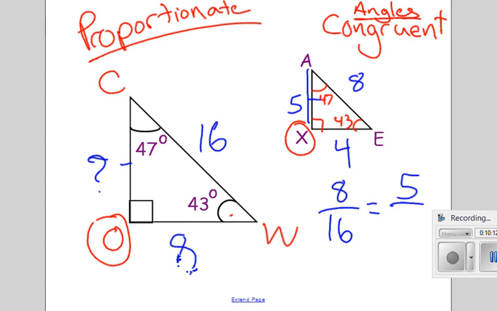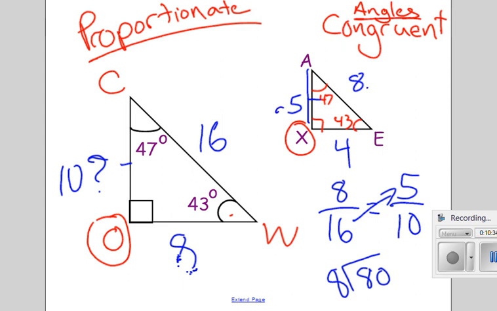There's the 5 there, and we would do some cross multiplication and come away with 5 times 16, because that's not an easy relation. 5 times 16 is going to give us an 80, and 80 divided by 8 then is going to give us a 10, and maybe you saw that relationship already. 8 is double, 4 is double, 5 here would also be doubled then to get a proportionate triangle.